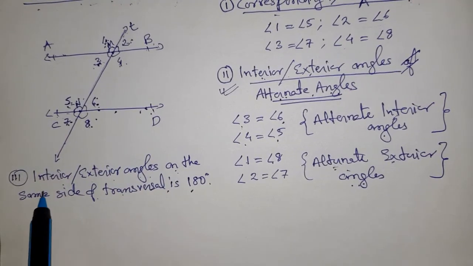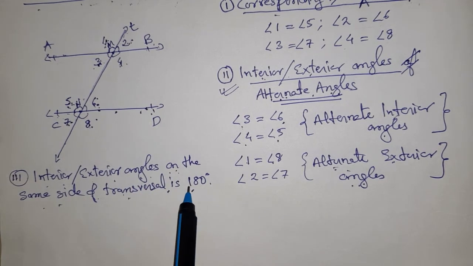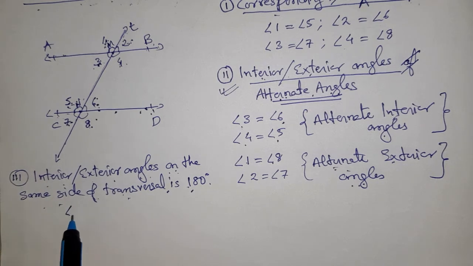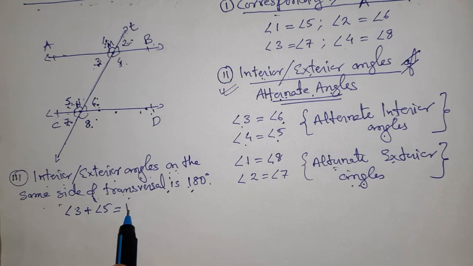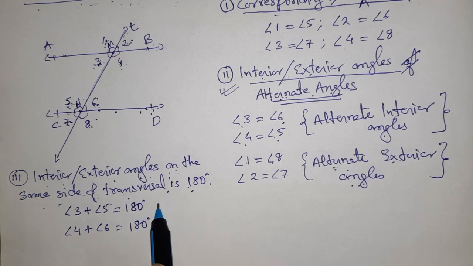So here you can see interior or exterior angles on the same side of the transversal is 180 degrees. From the figure we can take angle 3 plus angle 5. So their sum should be how much? 180 degrees. Then angle 4 plus angle 6, their sum is also 180 degrees.